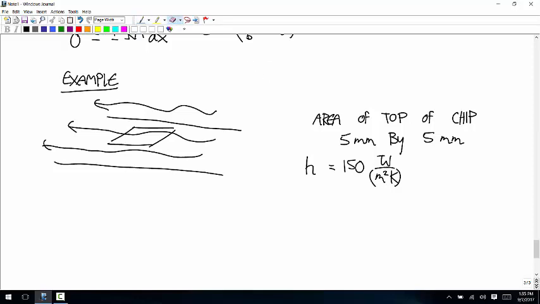And the coolant temperature is 20 degrees Celsius.